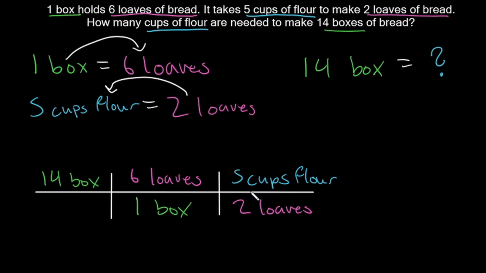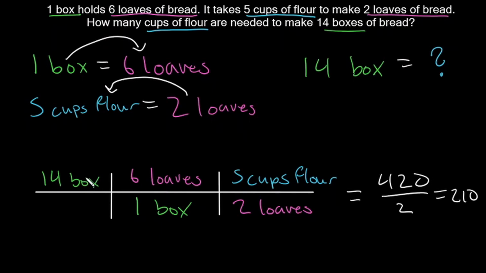So now let's see if we can evaluate this. So what we do is we first multiply the numerators here, which would be 14 times 6 times 5. If we put that into our calculator, that is going to be 420. And then 1 times 2 is going to be 2. So if we evaluate this, we will get 210. But 210 what?